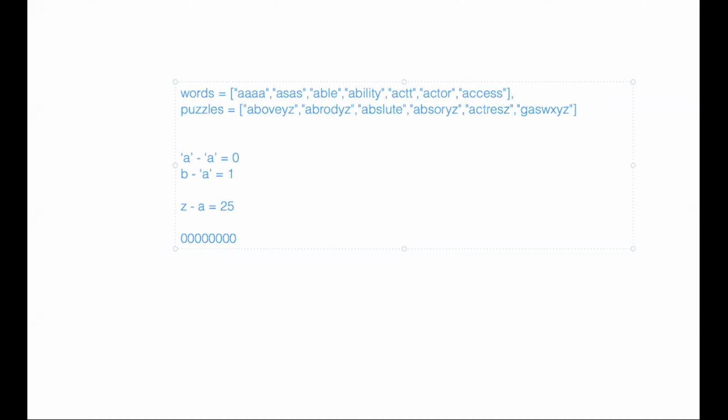Okay, so in this case, if I get a, then I will take 1. And then shift it by 0, because a represents 0. Correct?